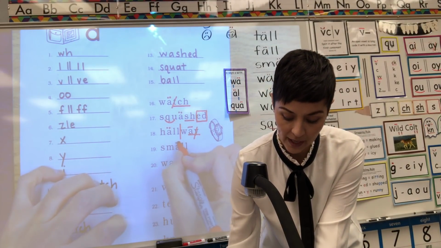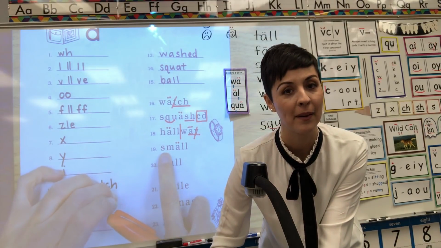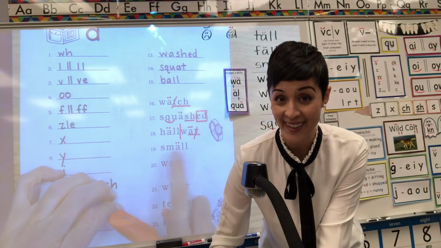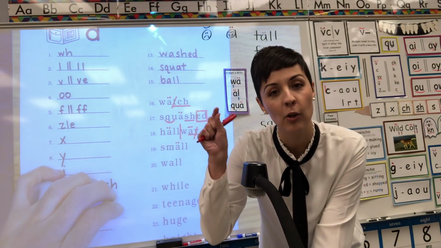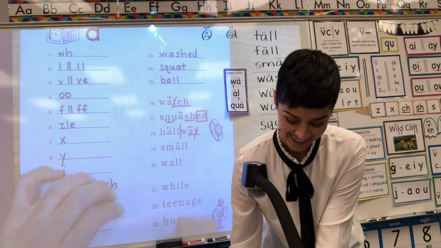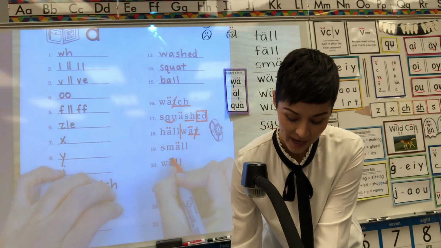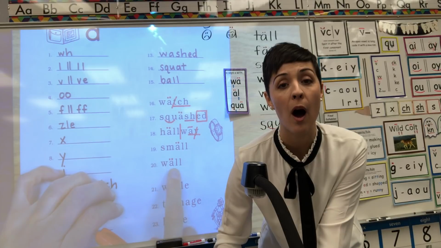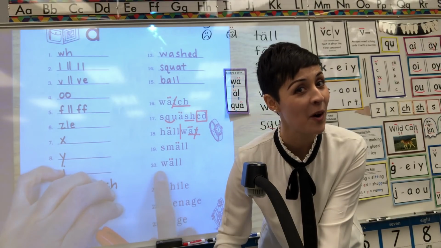19, umlaut the A. Starting SM. Get ready. Small. What word? Small. Like, oh, I'm so small. Number 20, umlaut the A. Starting W. Read it. All. What word? Wall.